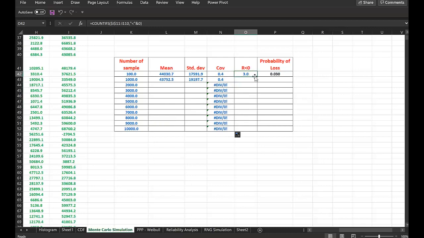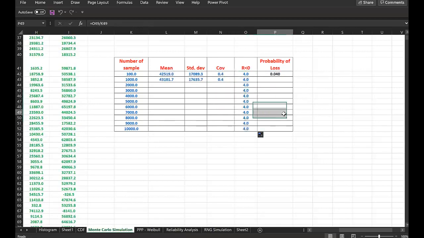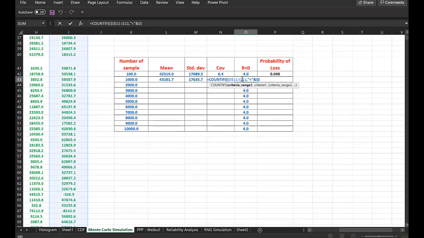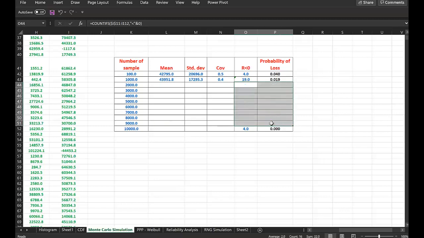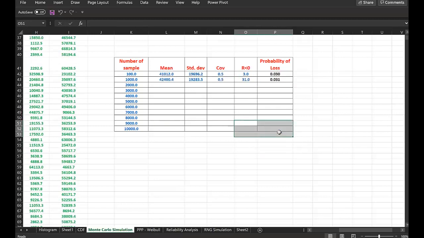And the coefficient of variation. This will go from 1,011, and there I have to divide by this. So you see in 100 samples there are only 3 negatives.